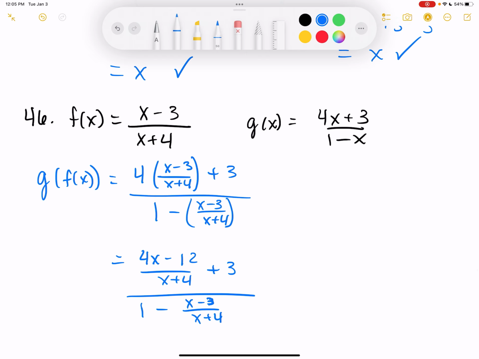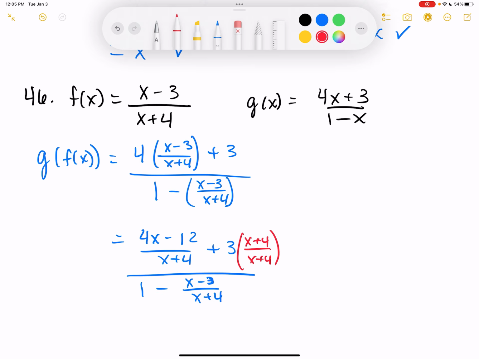So now I need to get a common denominator. I'm going to multiply this 3 by x plus 4 over x plus 4. And on the bottom, I'm going to have to do the same thing. So I need x plus 4 on the bottom as well, times x plus 4 over x plus 4.